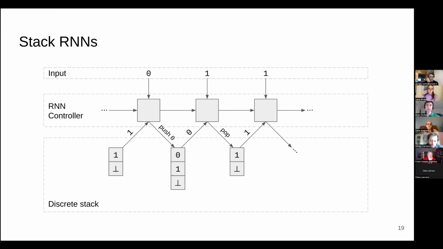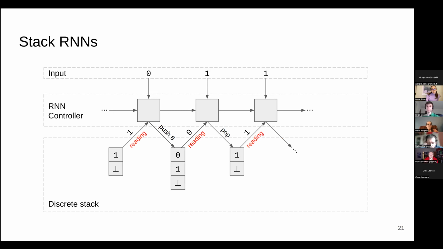All right, so each stack RNN, including our own, has the same basic structure. It consists of an RNN called the controller connected to a differentiable stack data structure. And to simplify this discussion, I've shown an RNN connected to an ordinary discrete stack for now. At each time step, the RNN sends what's called an action to the stack. This is a command to push or pop an element.